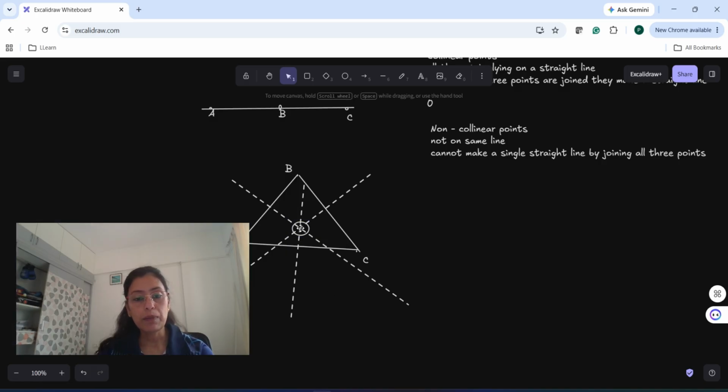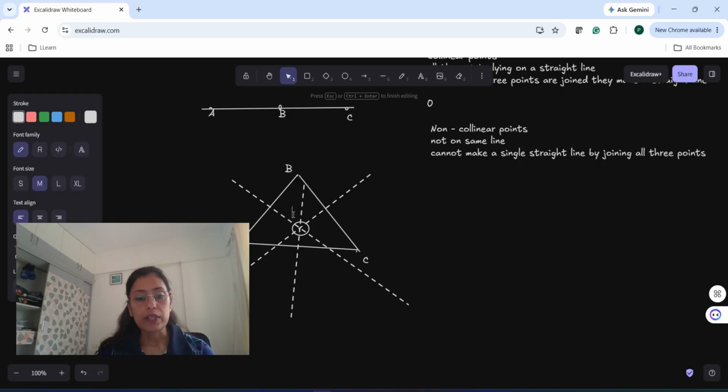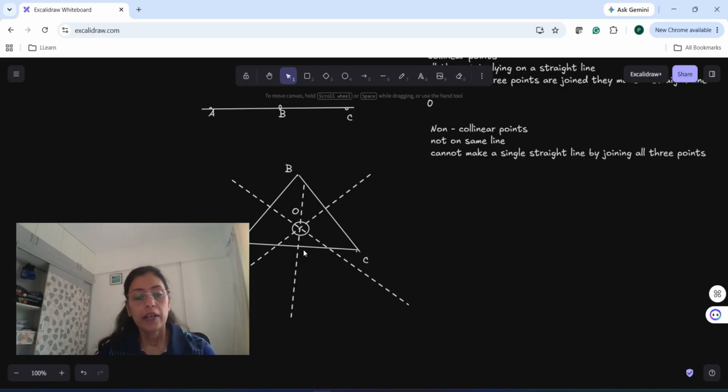Now, I'll call this point O. This O is falling on the perpendicular bisector of AC, which means that any line drawn from O to A will be equal to O to C. OA will be equal to OC.